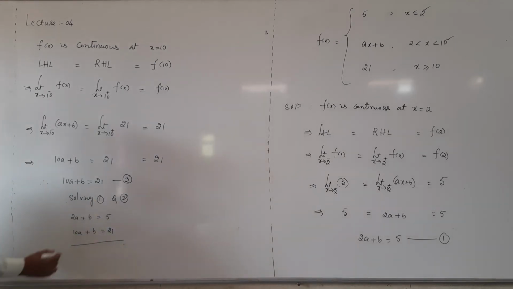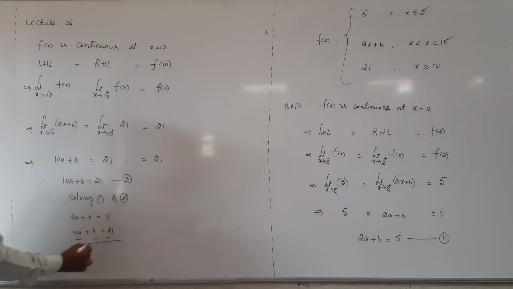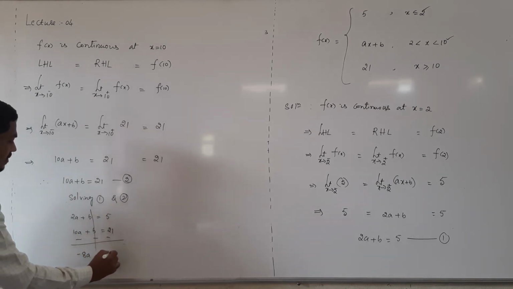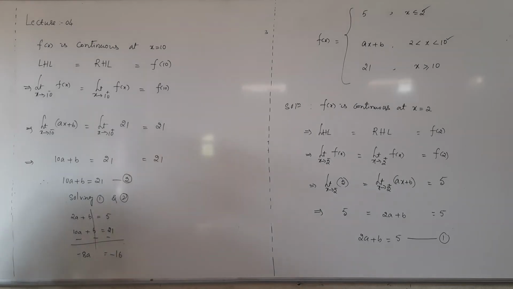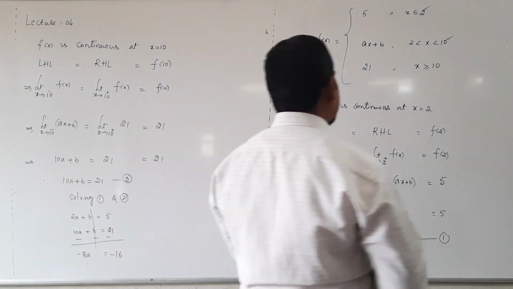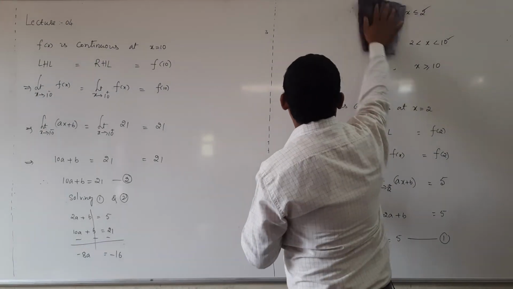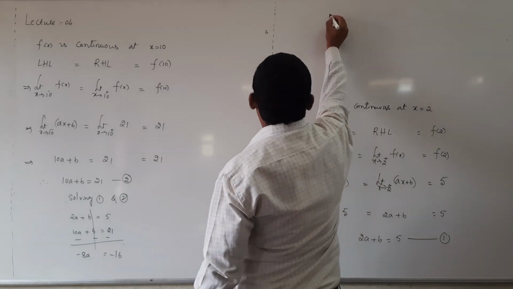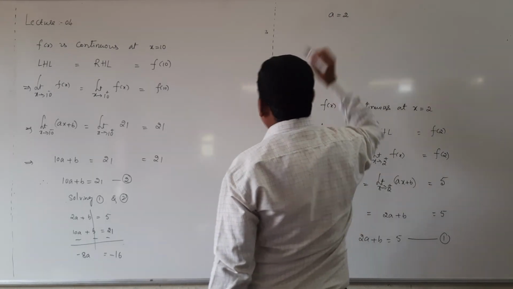Now just subtract, then b gets cancelled, and we get minus 8a equal to minus 16. Minus 8a is equal to minus 16. Then what is a value? Then a equal to 2.